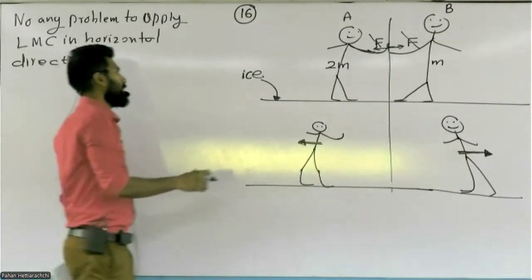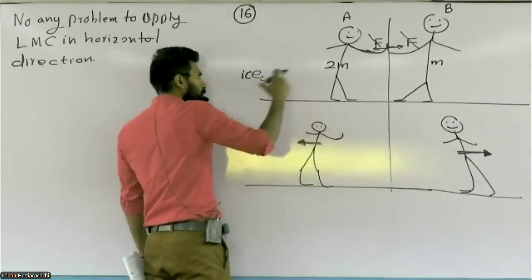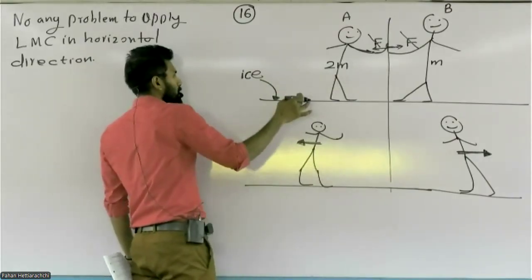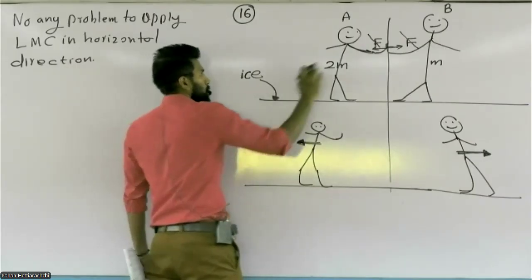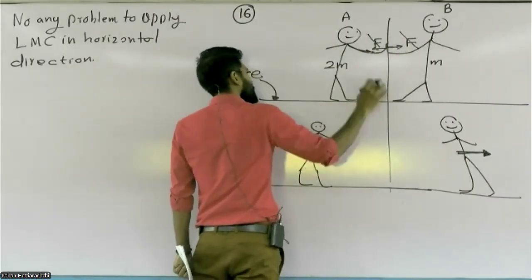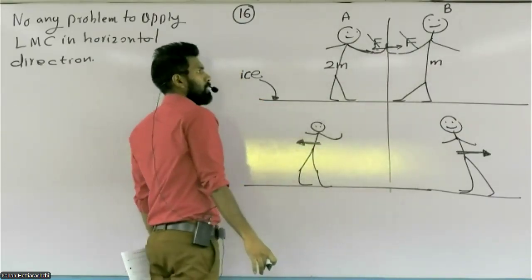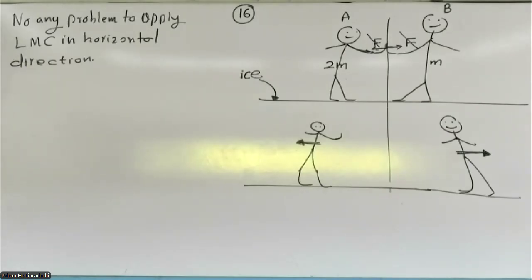Why? The weights are vertical, no need to worry about that. Horizontally, there might be friction, but it's an ice surface, so neglected. Horizontally, there are these two F forces, but they are also cancelled as we are considering the system. So there's no problem applying LMC in the horizontal direction.